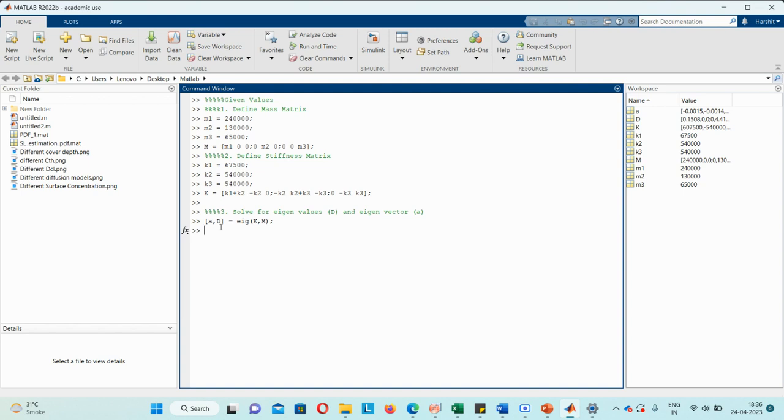Now we can even visualize how A and D appear. So this is the A matrix and this is the D matrix. You can see in the first mode of vibration, all the deformations are in the same direction. In the second mode, one deformation is changing, so there is one change in direction, and in the third mode of vibration, there are two changes in direction, which you generally observe. And the D matrix is a diagonal matrix. Now step 4 will be to obtain the natural frequency.